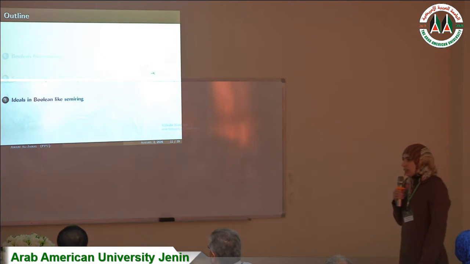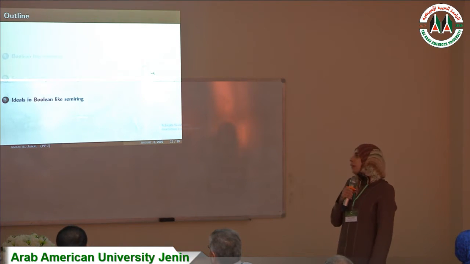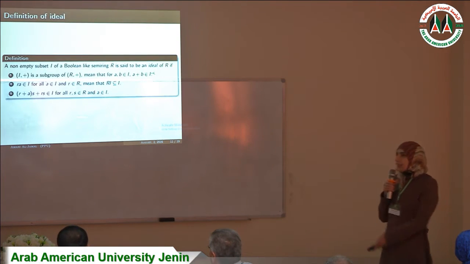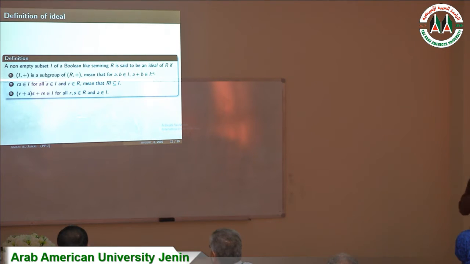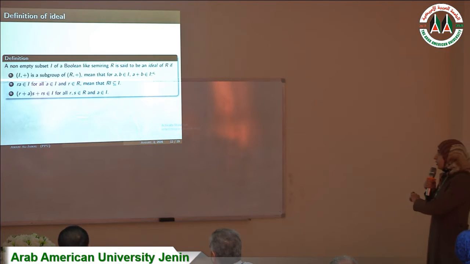Section 3, ideals in Boolean semiring. Definition: a non-empty subset I of a Boolean semiring R is said to be an ideal of R if the following conditions are satisfied.